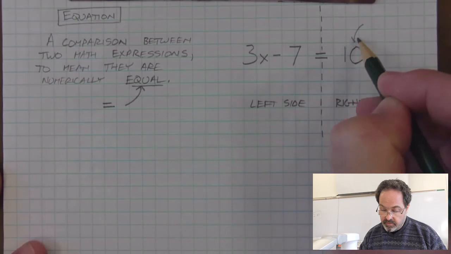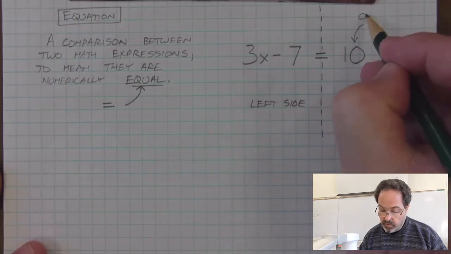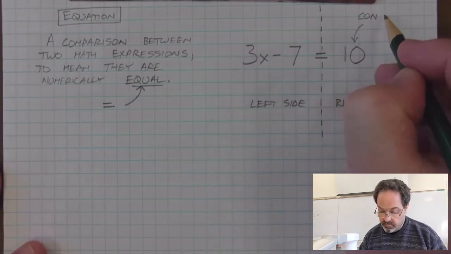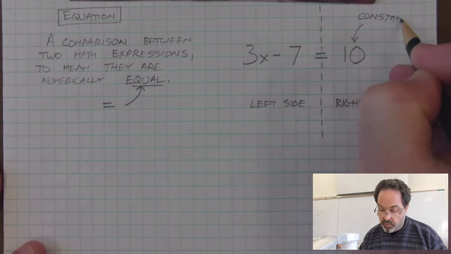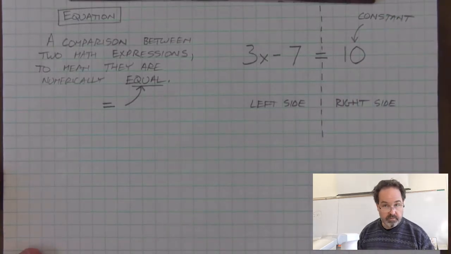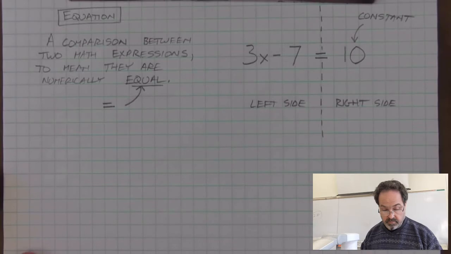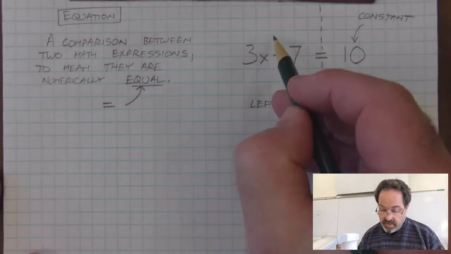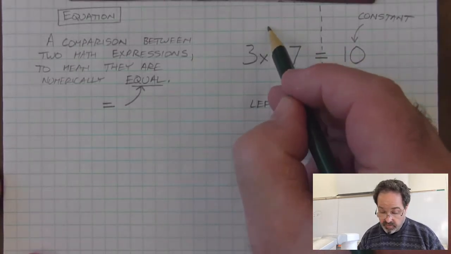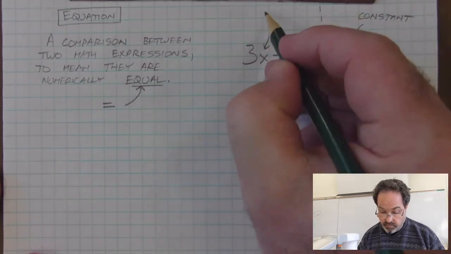The number 10 we could call a constant because it has no variable component. It's a constant number 10. Whereas the x in this side's expression is a variable.